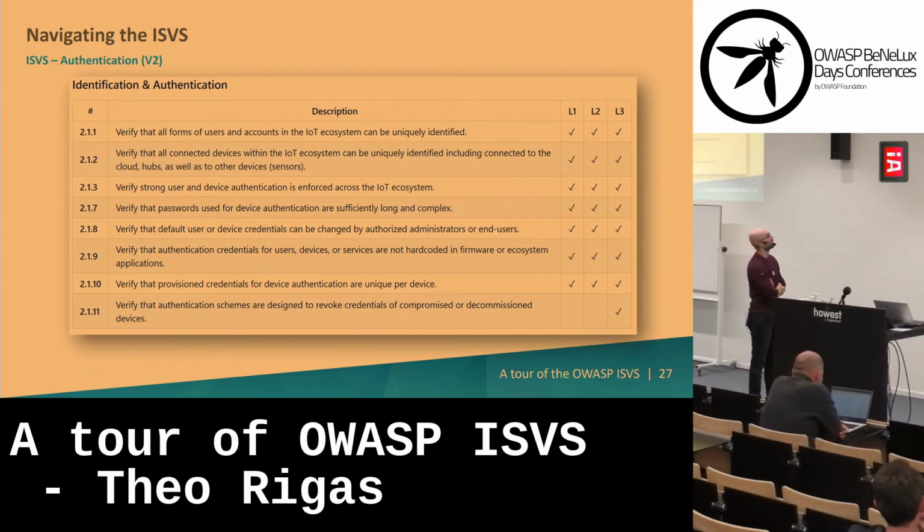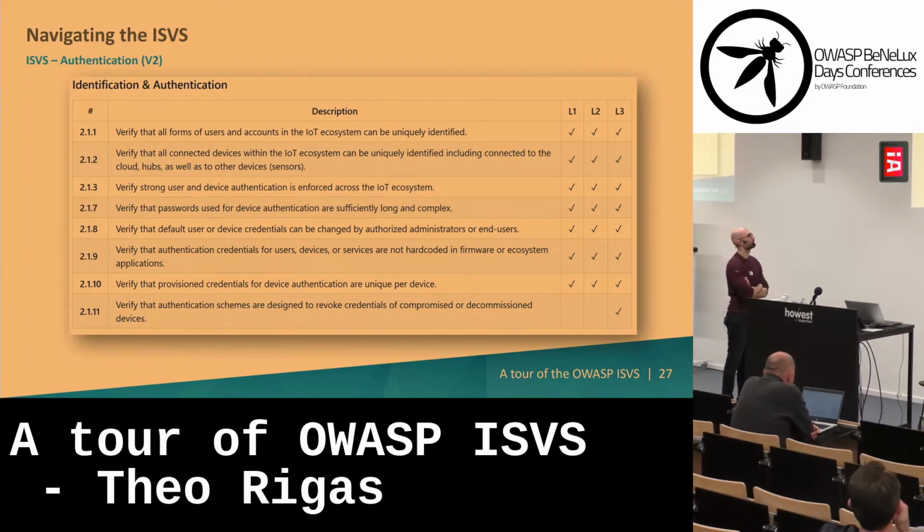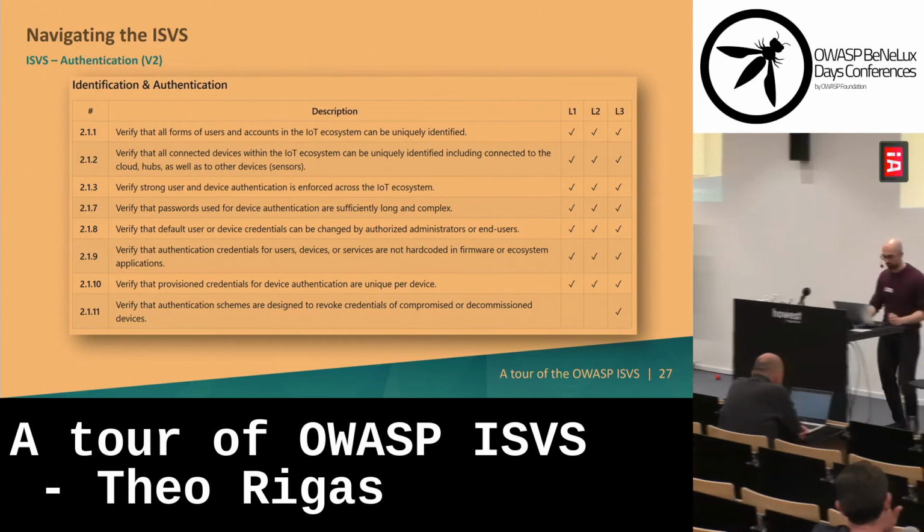But for example, if you look at 2.1.3, verify that strong user and device authentication is enforced across the IoT ecosystem. Verify that there are no default credentials. Verify that credentials are not hard-coded in firmware or ecosystem applications, etc., etc. Nothing too surprising there.